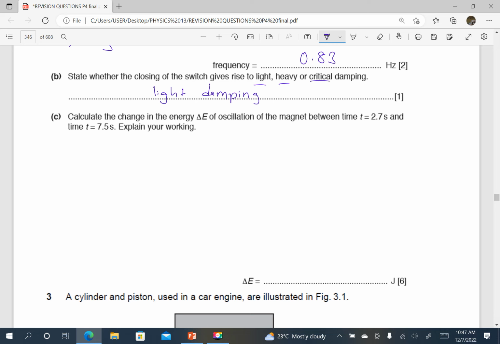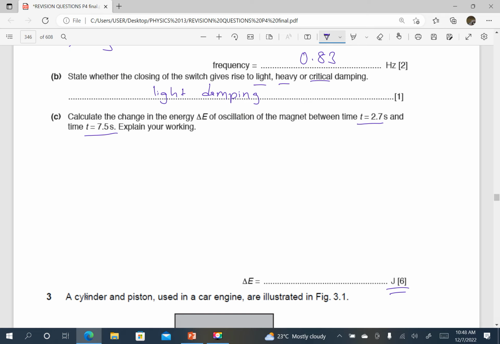Calculate the change in the energy of oscillation of the magnet between t equals 2.7 and t equals 7.5 seconds. Explain your working. Note that this is 6 marks.